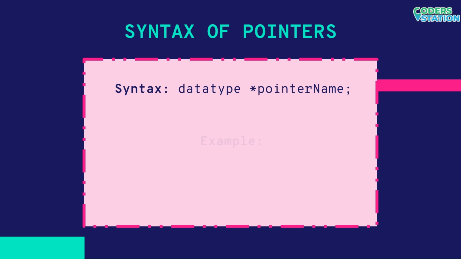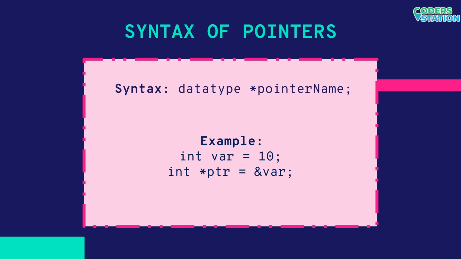For example, if we have an integer variable var with a value of 10, we can declare a pointer to this variable like this. Initially we have int var = 10. Now if we want to declare a pointer variable, we write int *ptr, you can name the pointer anything, equals &var.